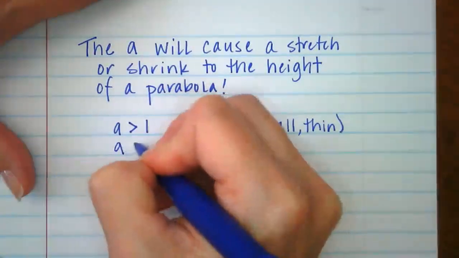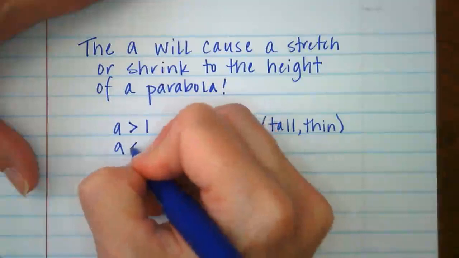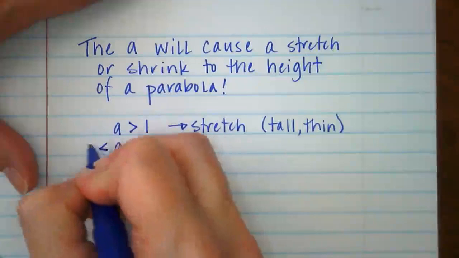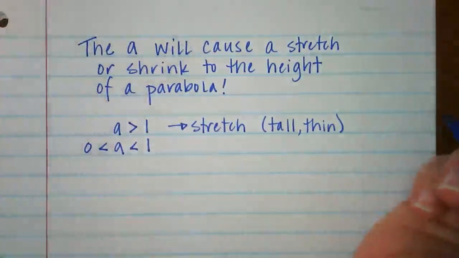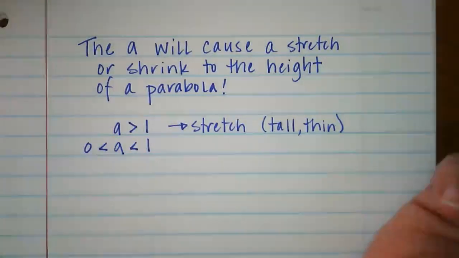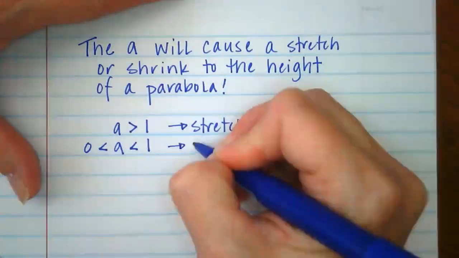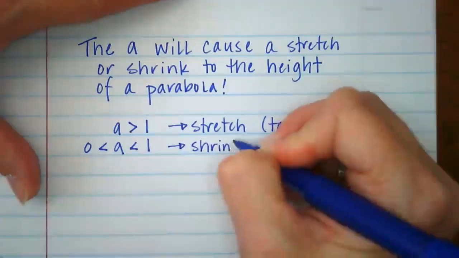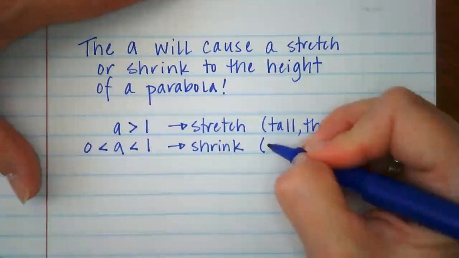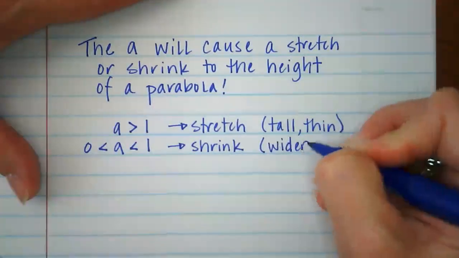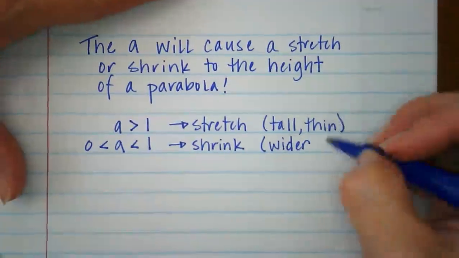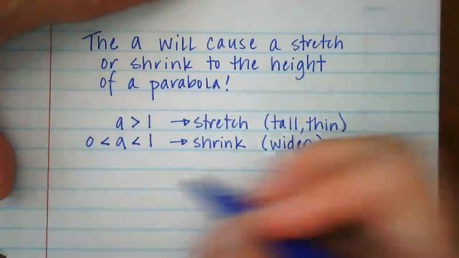All right, when a was less than 1, but still bigger than 0, so a fraction like 1/2, that was a shrink because it was, I guess we would say, wider. I think wider sounds good.